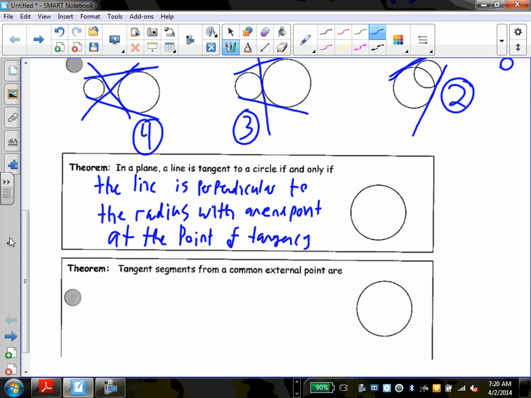So let's break that down. A line is tangent to a circle if and only if the line is perpendicular to the radius. Okay, so we have a radius with an endpoint at the point of tangency.